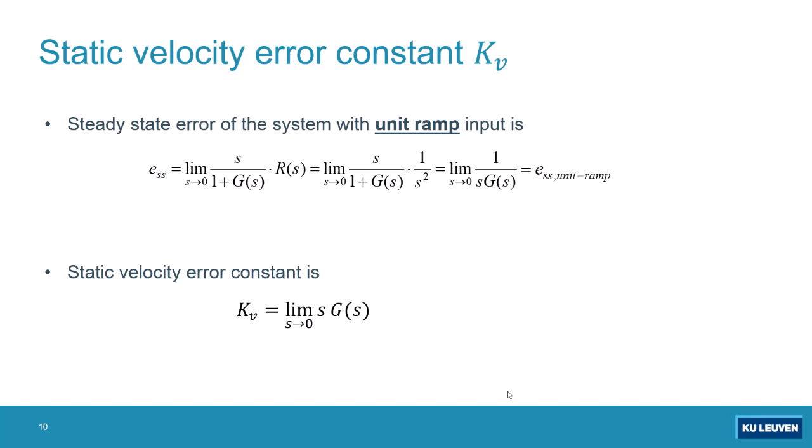In this video, we are going to discuss another type of static error constant, which is referred to as static velocity error constant. Similar to what we did in the previous video, we are going to evaluate the steady state error of a unity feedback system, but in this case, when a unit ramp input is given to the system.